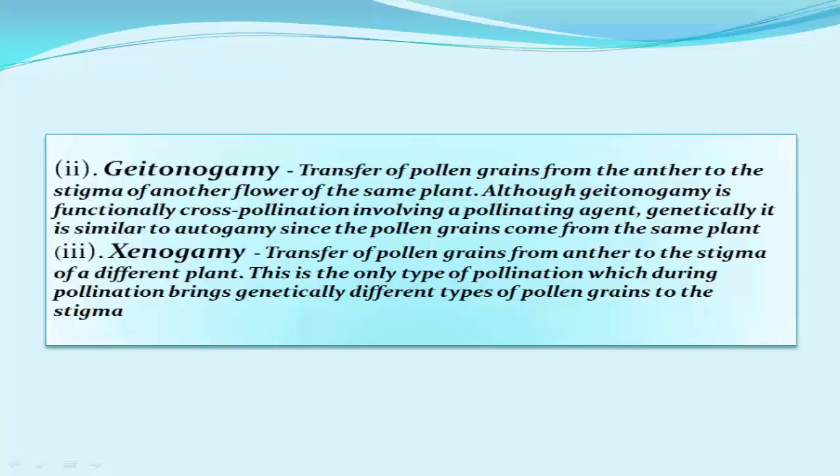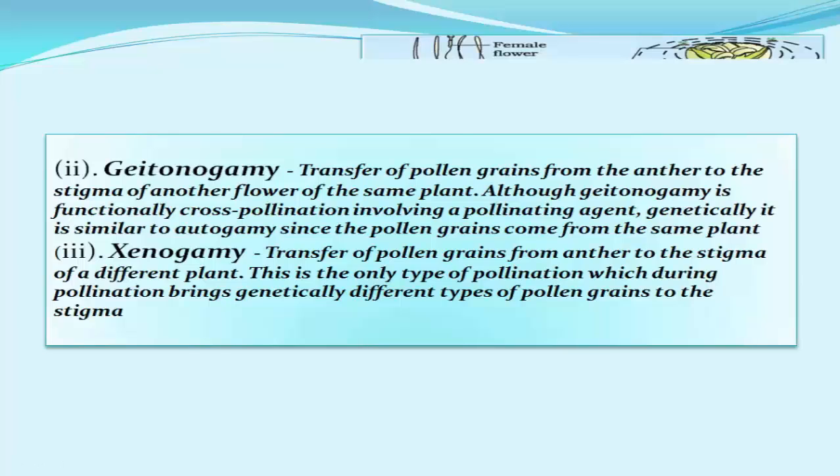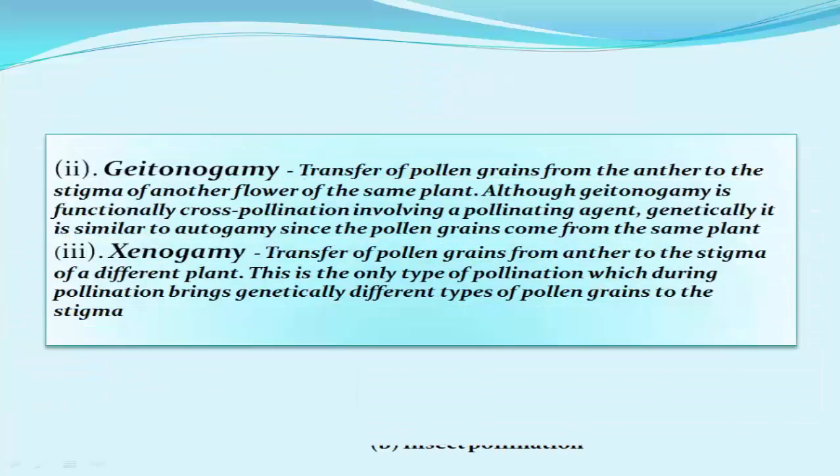So these are the three types of pollination, and here the xenogamy or cross-pollination is dependent on some conditions of the flower. They are all referred to as outbreeding devices.